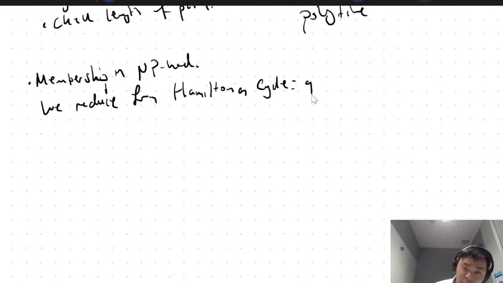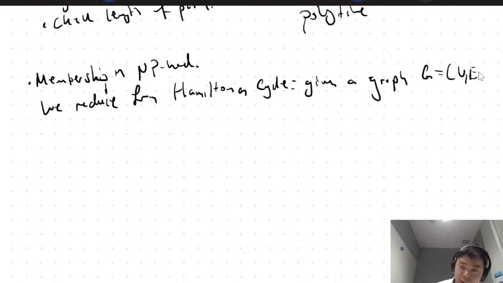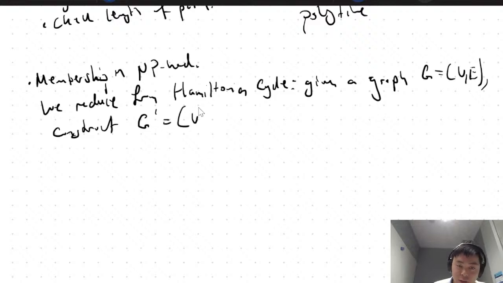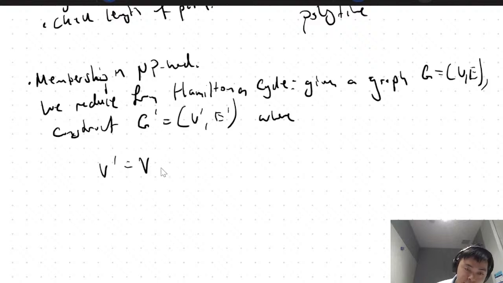Given a graph G, we're going to construct a new graph, call it G prime, where V prime is just V with n vertices.